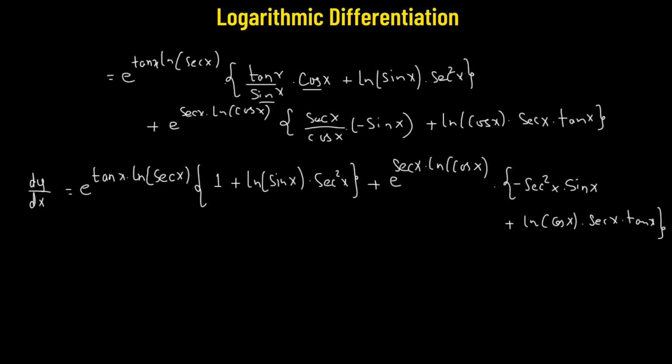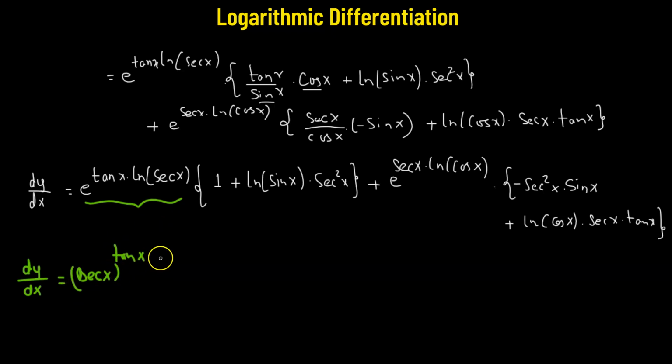Now finally we can rewrite our entire derivative of y with respect to x equals to, so here we have actually converted this particular form, secant of x whole raised to the power of tangent of x.